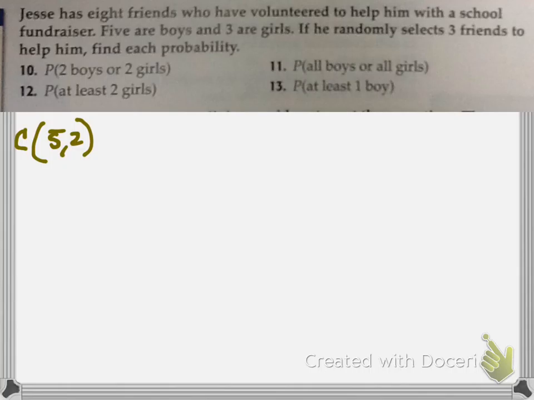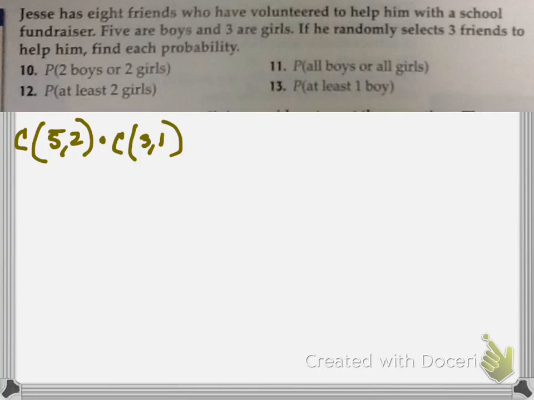Now, since you're choosing 3 people, and 2 of them are boys, logic would say there's 1 girl. So, you're also going to do combination 3, 1, and you multiply those just like we did a few days ago. That's how many ways the good thing, 2 boys, can happen.